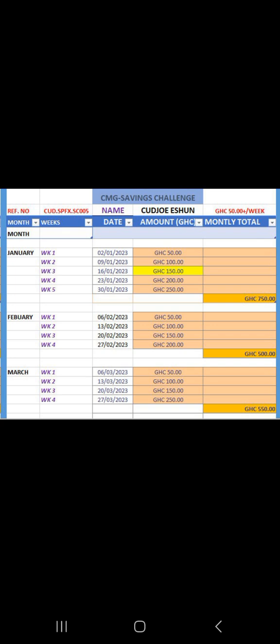In this diagram, for a whole year we have 12 months, and every month has at least 4 weeks. When you take a month, for instance January, we have week 1, week 2, week 3, week 4, week 5.